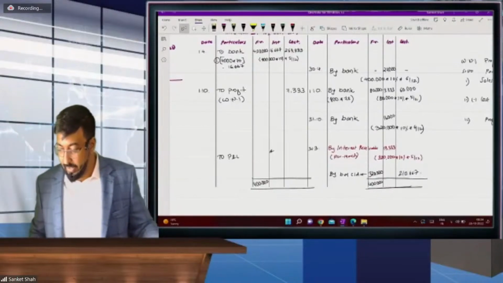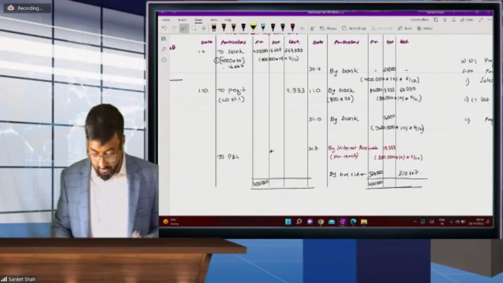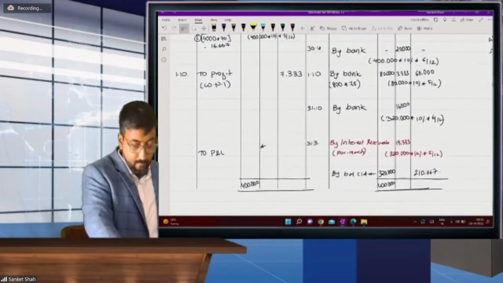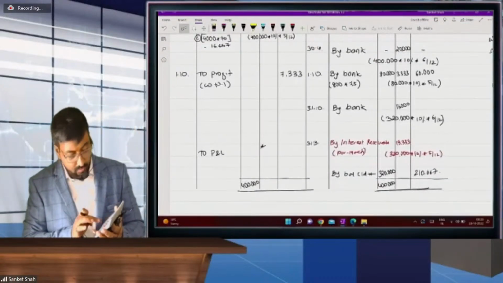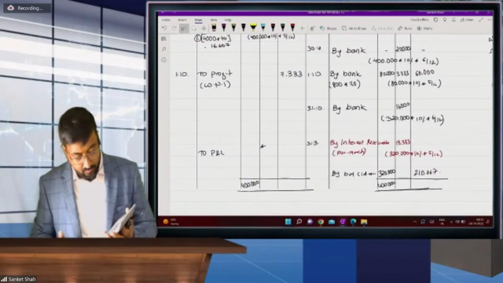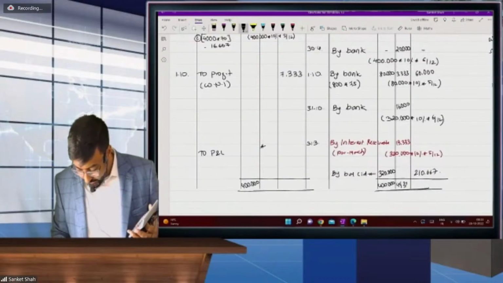To P&L. Yes, can you tell me the amount? 20,000 plus 16,000 plus 13,333, 59,333.